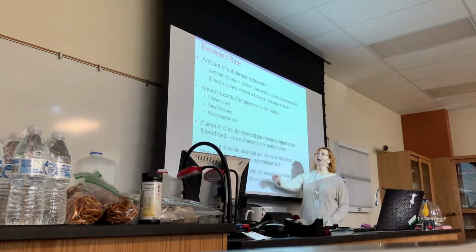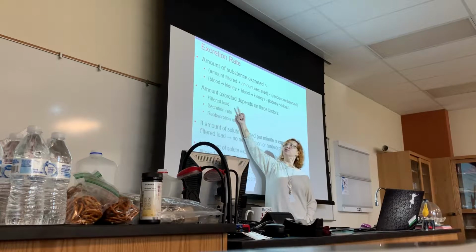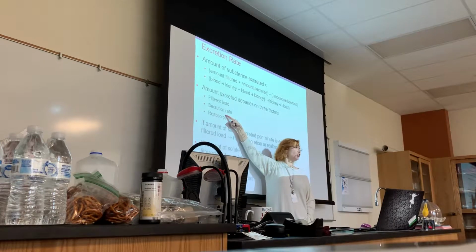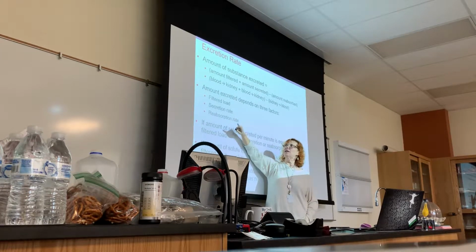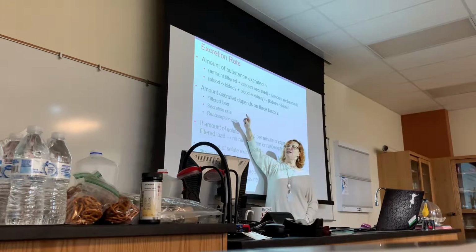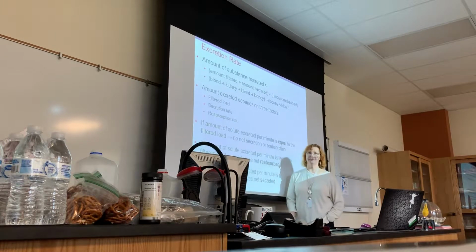So it depends on my filtered load, how much comes out during filtration, my secretion rate, how much gets secreted out of the blood into the renal tubule, and reabsorption, how much goes the other way.